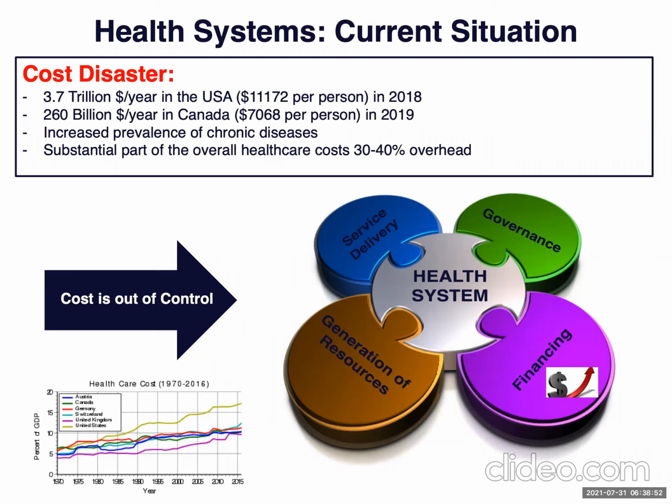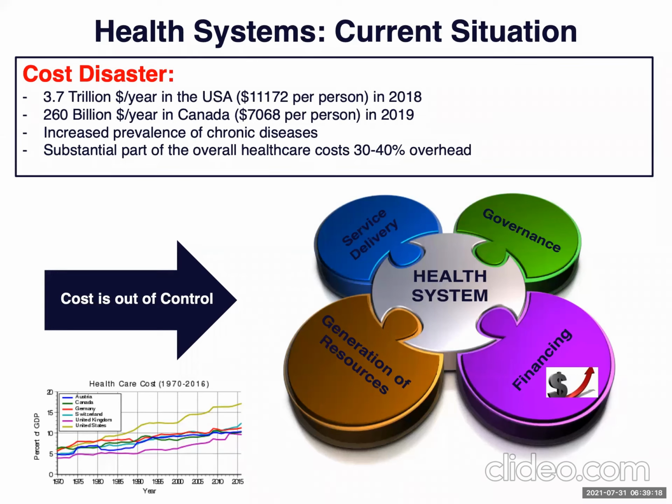So this increase in the budget is making the healthcare system non-sustainable, which means that if we keep spending money in healthcare like this, maybe in the next few years, we will not be able to care for everybody. And therefore, there should be new ways of using technology to reduce the overhead.